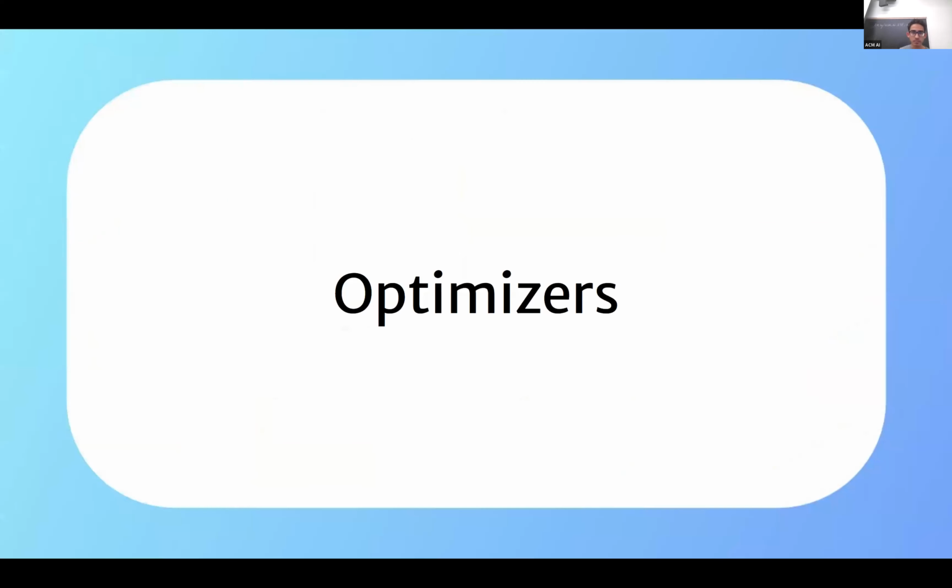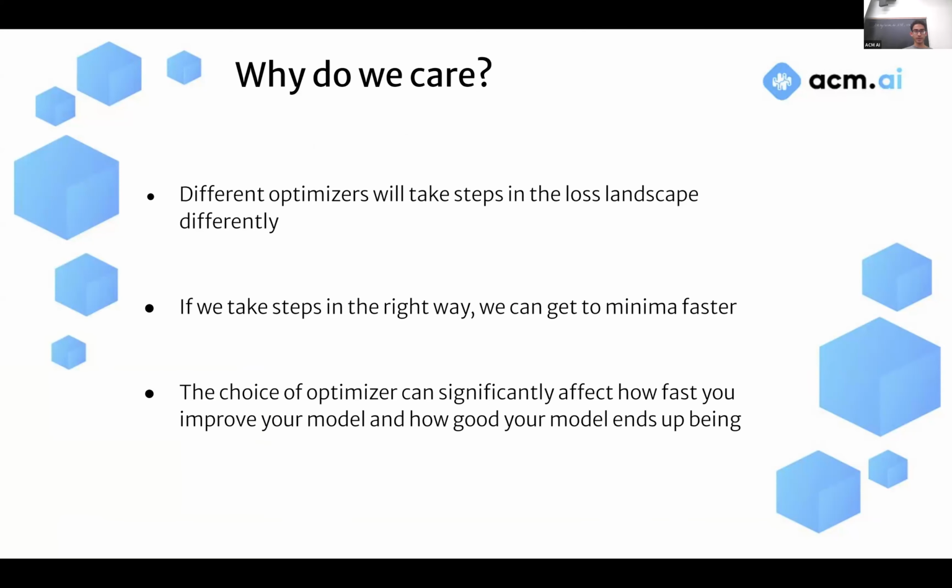All good? Okay. Now we'll talk about optimizers. First off, you might be wondering, why do we care about the kind of optimizer that we're using? With gradient descent, we know what steps we need to take in order to update our model, so we do simple gradient descent and take these steps to optimize our model performance.